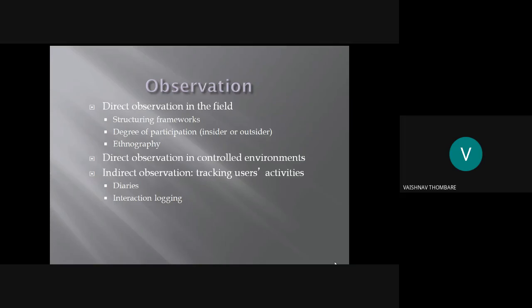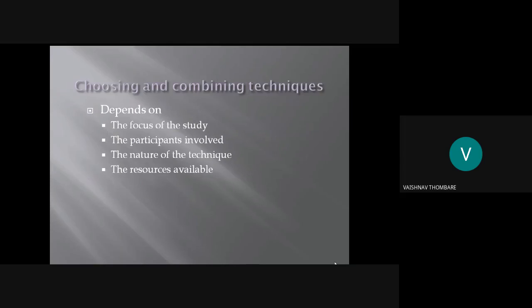Then direct observation in a controlled environment, and indirect observation, which helps with tracking the user's activity: diaries, interaction logging. Then choosing and combining techniques depends on the focus of the study, the participants involved, the nature of the technique, and the resources available.